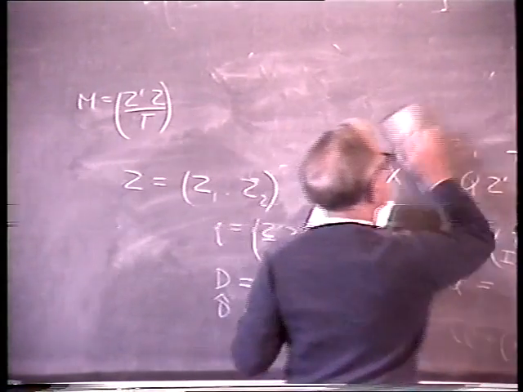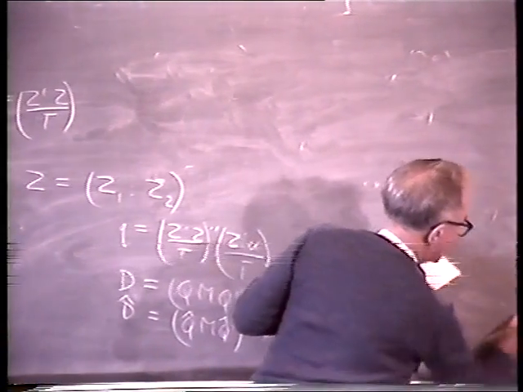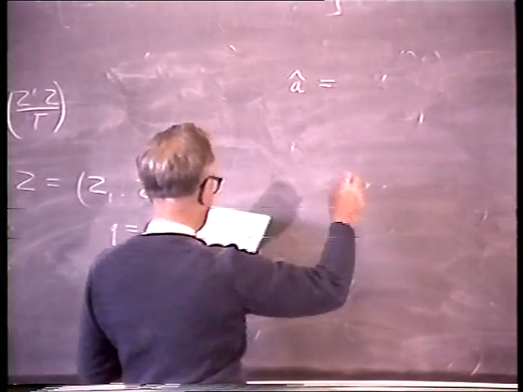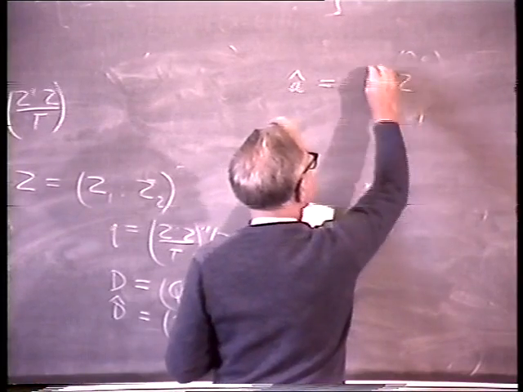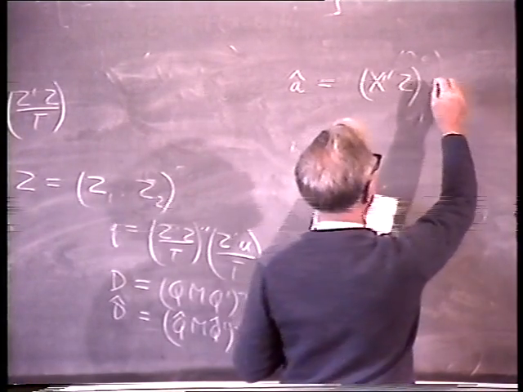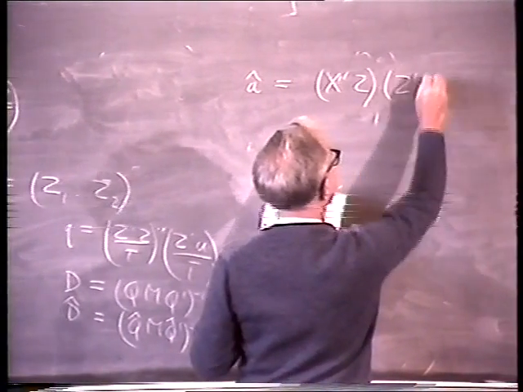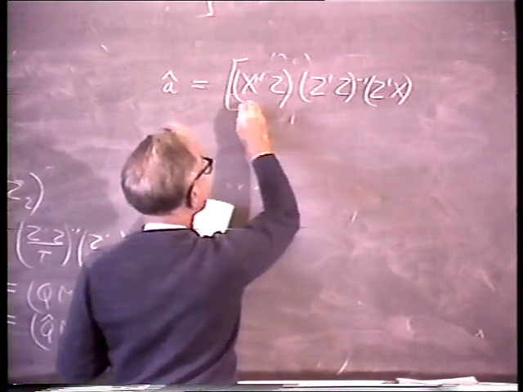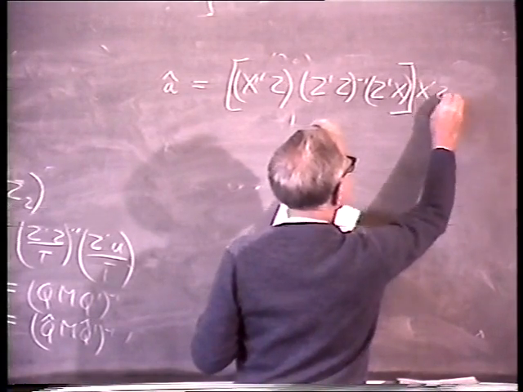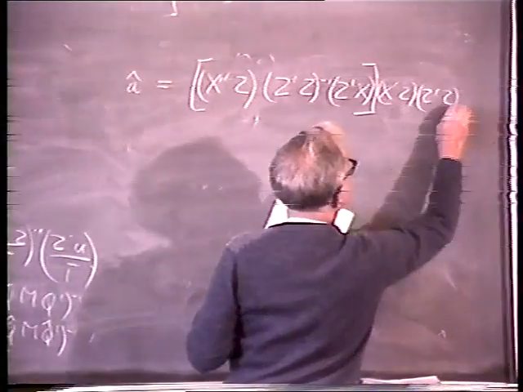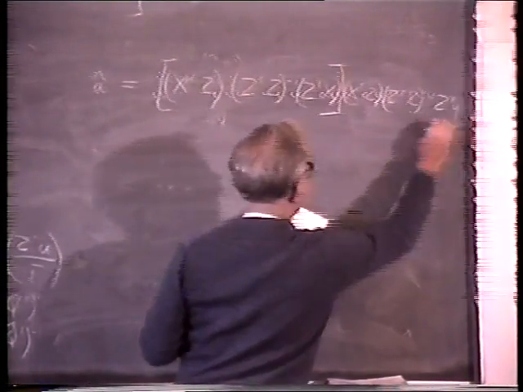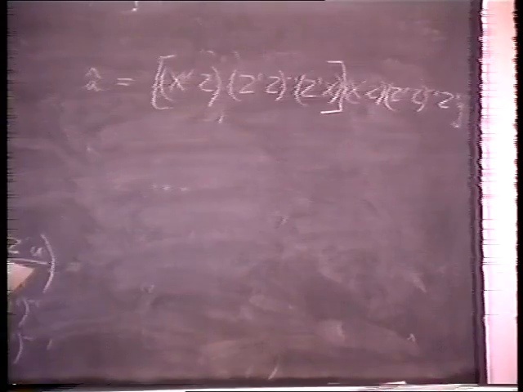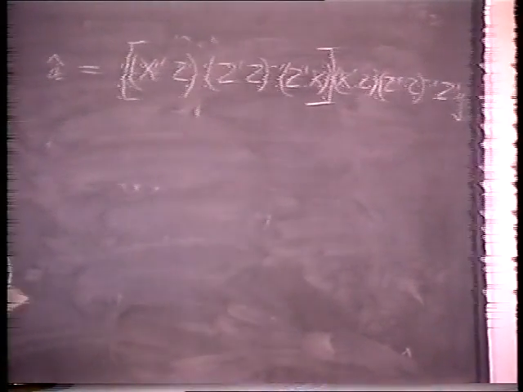Now, A hat, by definition, the two-stage least squares estimator, in effect, can be written in the form, well, of course, immediately we see that we've got D hat there.